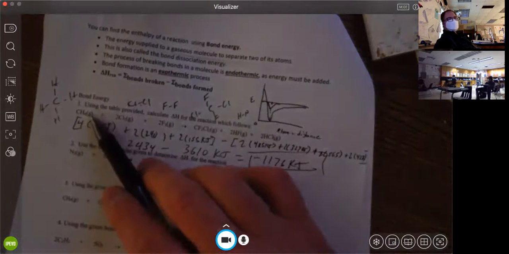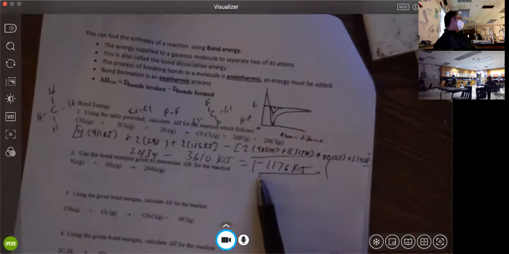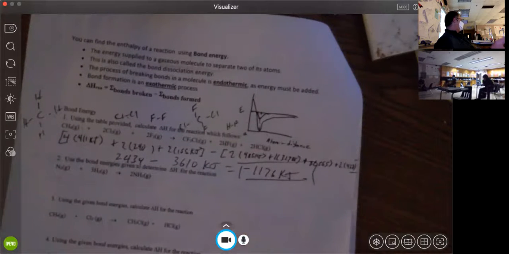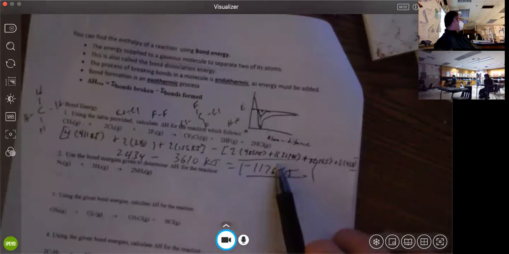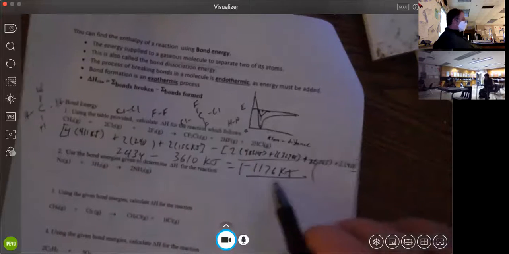So if we found this and then somebody said, well, what if we have 70 grams of chlorine reacting and excess all the other ones? We could figure out the energy that would be given off with that 70 some grams of chlorine reacting. So there's 3 ways to determine enthalpy.